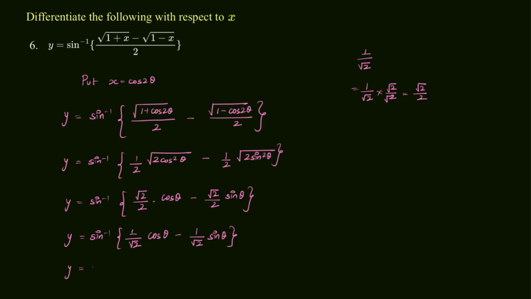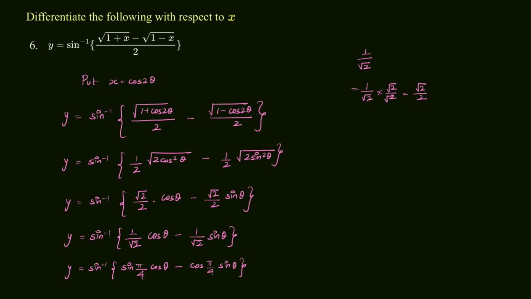So this equals sine inverse of, now we know that sine 45 degree is 1 by square root of 2, that is sine 45 degree cos theta minus, and again here also I can write cos 45 as 1 by root 2, because cos of 45 is also 1 by root 2, sine theta.